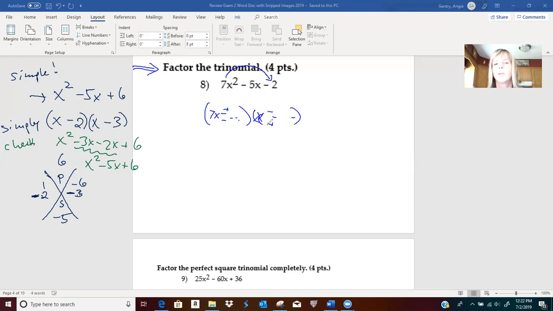And they mess around with this until they stumble upon the two that give them the negative 5 and the negative 2. I don't teach it that way because most of my students can't do it. Out of 100 students, 1 can do it. So if you like doing that guess and check method, go for it if you can handle it. But I'm going to teach it the way it always works. So if you have a trinomial whose leading coefficient is not 1, you want to factor by grouping.